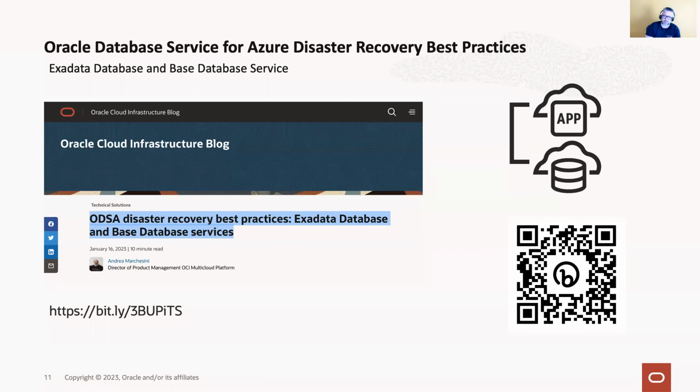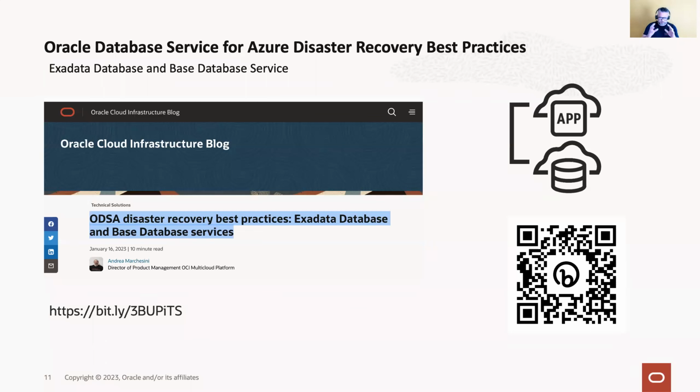So it means that we have defined 12 geographical locations, 12 regions where we have set up an Azure OCI interconnect, which is also enabled for Oracle Database Service for Azure. It does not mean that you can go from one geolocation in Azure to another geolocation in OCI. It's important to know that because sometimes it gets a bit misinterpreted.